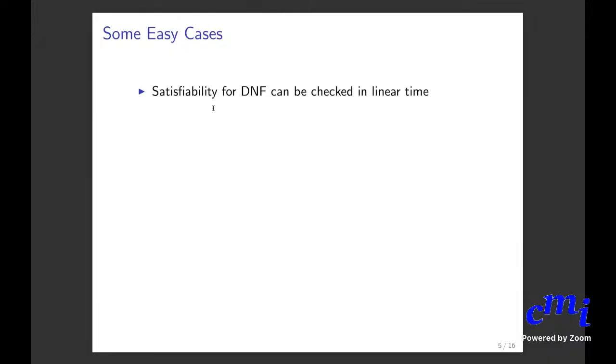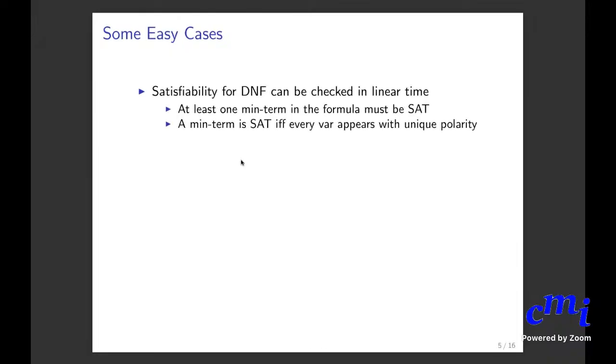If you express a formula in DNF, satisfiability checking is very efficient. Why? For example, this is a DNF form. Anything in DNF is a disjunction of cubes, so a formula in DNF is satisfiable if at least one of its cube terms is satisfiable.